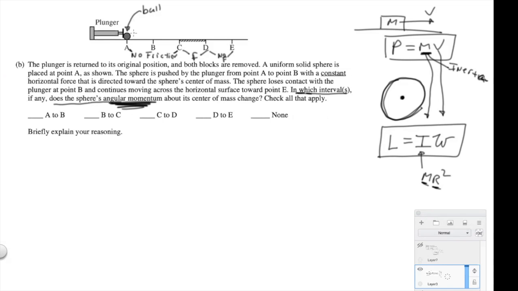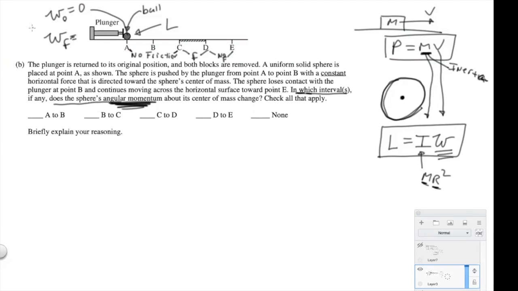In order for this ball to gain angular momentum, there has to be an angular velocity. In other words, this thing needs to start spinning. It's got to start rolling. Now, what causes a spherical object to go from having zero angular velocity, because it starts out with zero angular velocity, to having an angular velocity greater than zero?